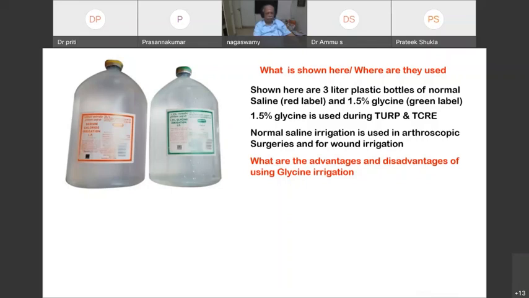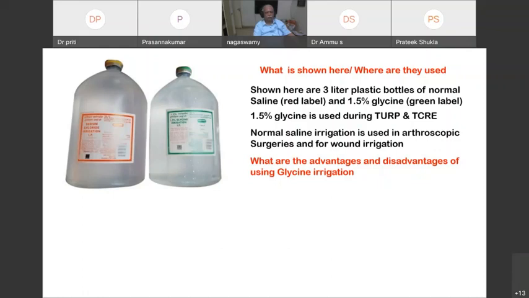Glycine provides a good field of vision because it has a high refractive index. That's the advantage. But what are the disadvantages? We are using a hypotonic solution of glycine, so that will cause TURP syndrome when fluid enters the prostatic sinuses.